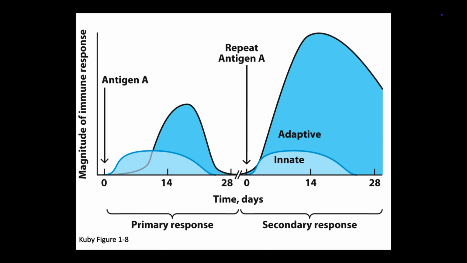But then you can see what happens if you were to be infected a second time with that same thing. The innate response looks identical to how it looked before. It does not change. While the adaptive response looks super different. In fact, you don't really have a delay anymore. Now the two are working together, you have a bigger peak, you have different slopes, there are all sorts of things that are different. This is the memory property. So the adaptive immune system adapts, while the innate immune system stays the same over and over again.